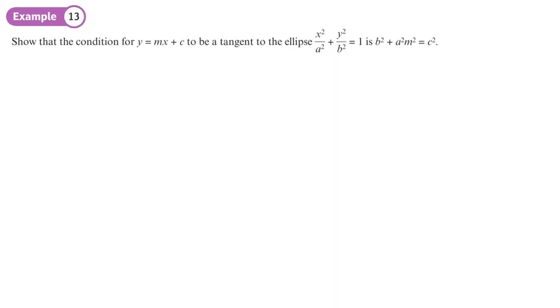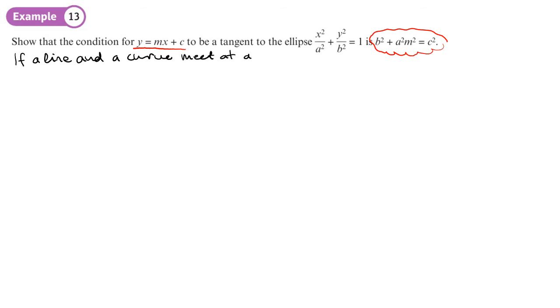Right, we need to show that the condition for y equals mx to be a tangent to this ellipse here is this. Okay, now this question basically is all about discriminants. So what we know is that if a line and a curve meet at a single point, that means it's a tangent.